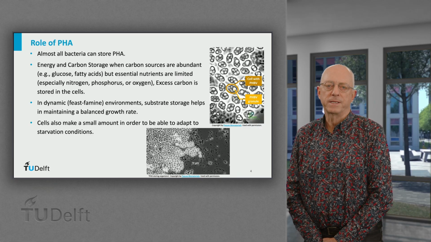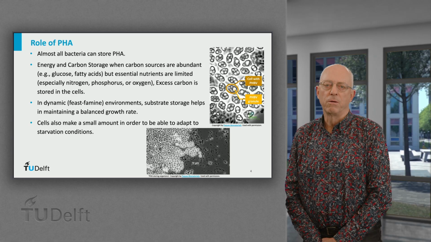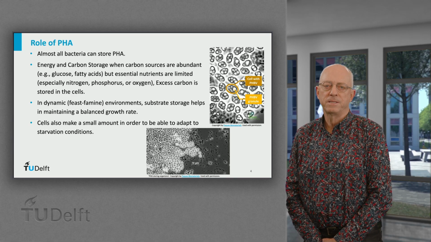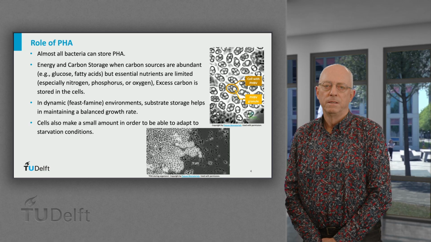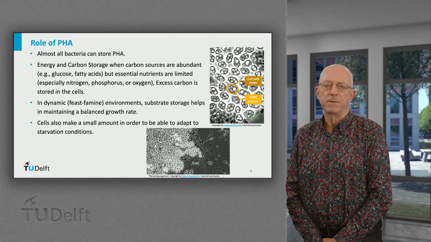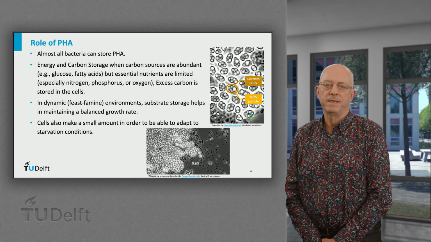This strategy allows bacteria to maintain a more stable overall growth rate, instead of growing very fast during feast periods and dying off during famine periods. So PHA accumulation is a universal microbial adaptation mechanism, particularly important in fluctuating environments.